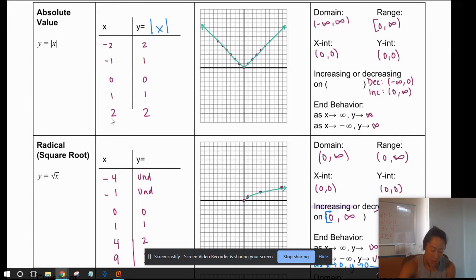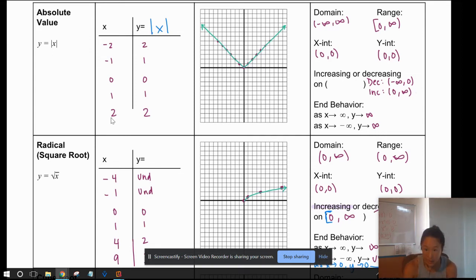We decrease on the left, so starting from negative infinity to 0, so x equals negative infinity to x equals 0, the graph is decreasing. And then from 0 to infinity, the y values are also increasing. So we write them like so. Remember, these are mini domains.